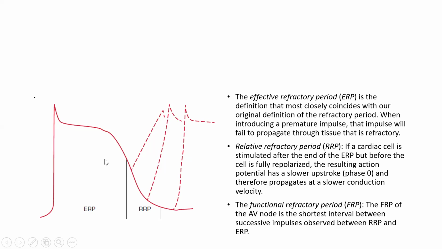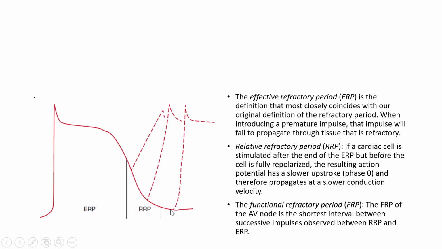So let's look at this picture, for instance. In this picture, you can see that the effective refractory period is from this phase 0 to the early part of phase 3. You cannot depolarize the myocyte. But after that period, the later part of phase 3 to phase 4 is the relative refractory period, which you can actually re-stimulate that myocyte.